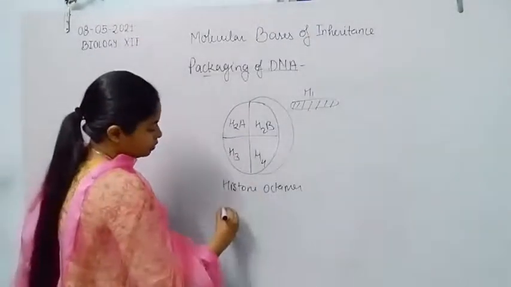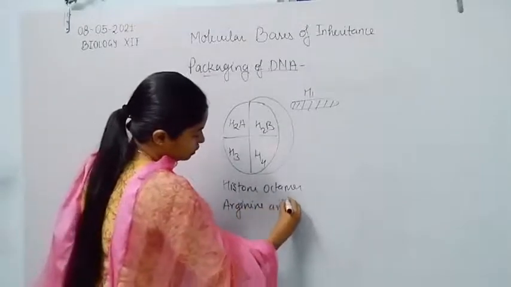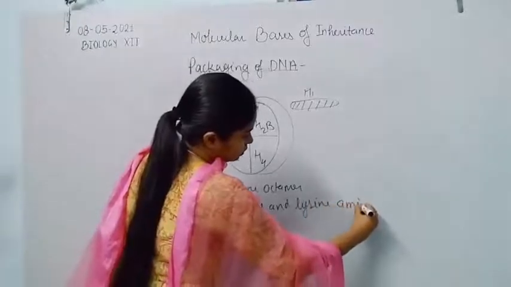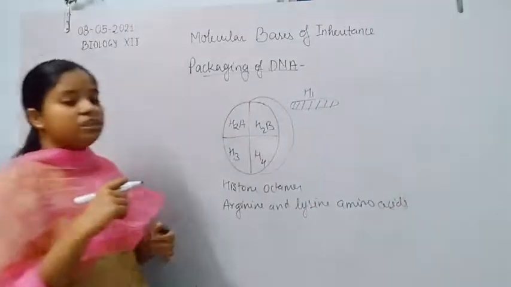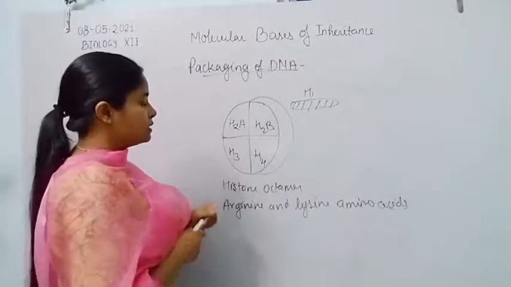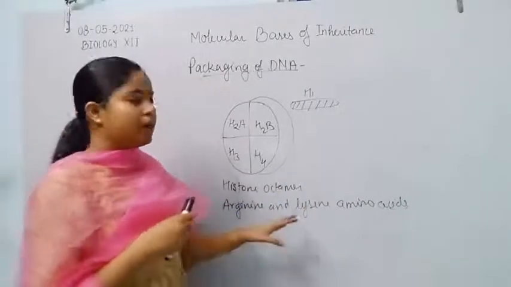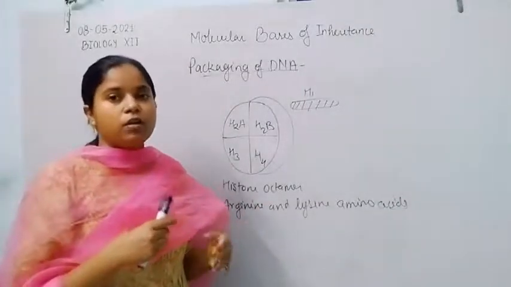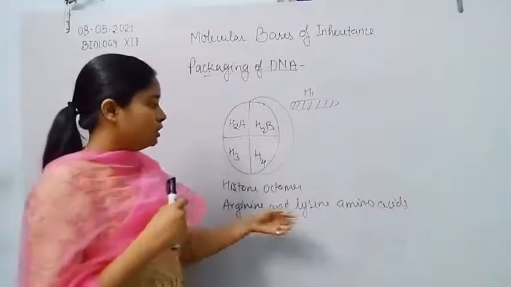Arginine and lysine have an amino group in the R chain, and that is why more positive charge is created by arginine and lysine.